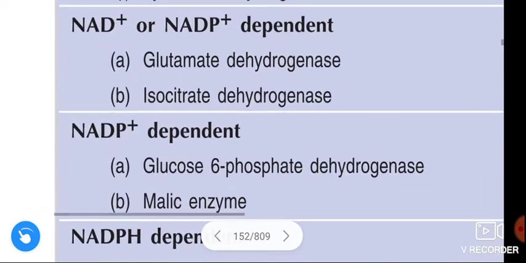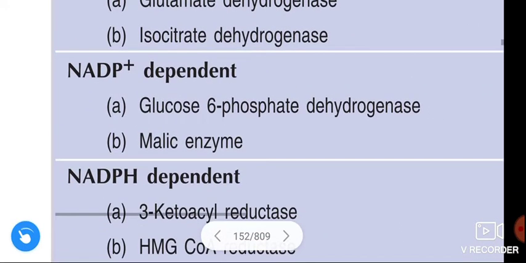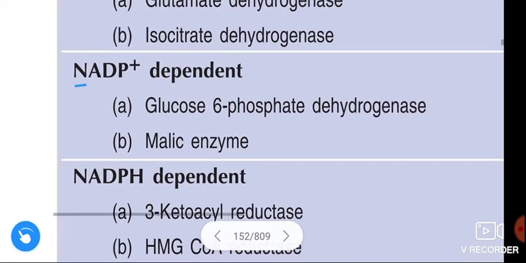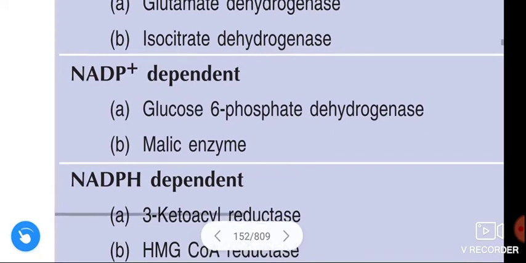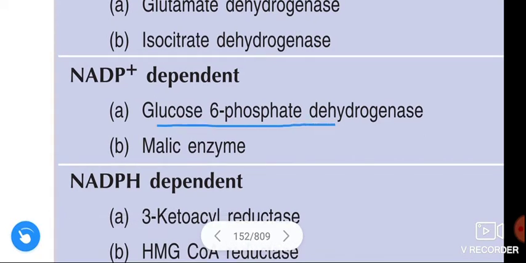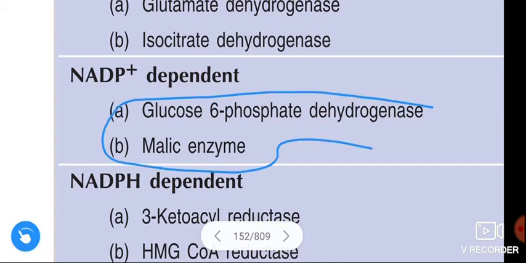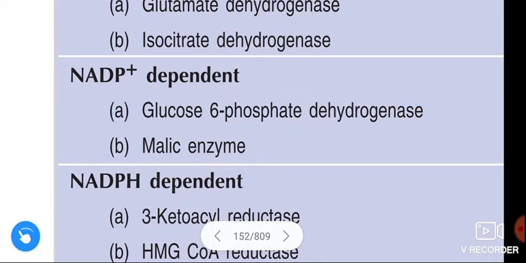Next, NADP plus dependent enzymes are glucose 6-phosphate dehydrogenase and malic enzyme. These two are dependent on NADP plus.